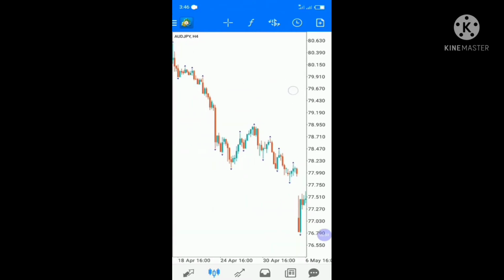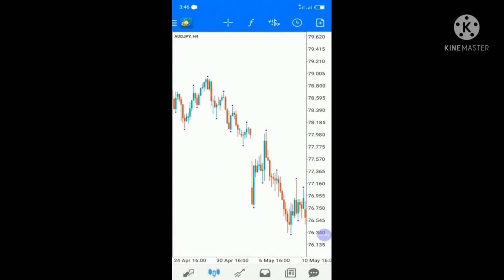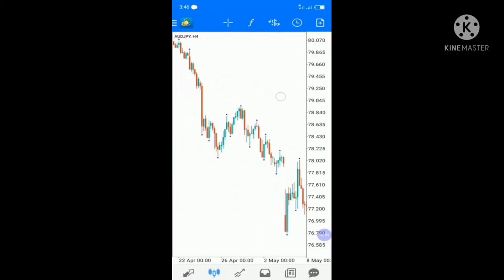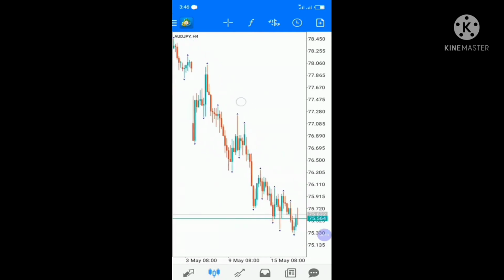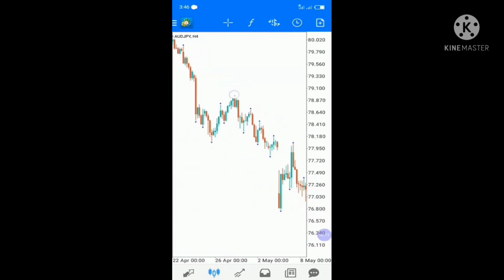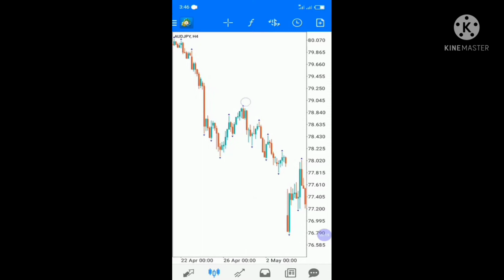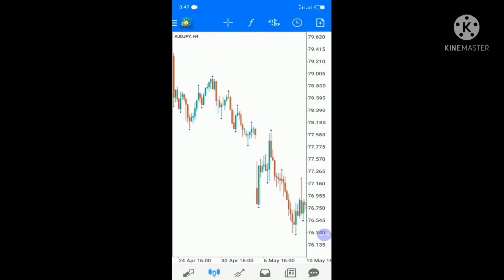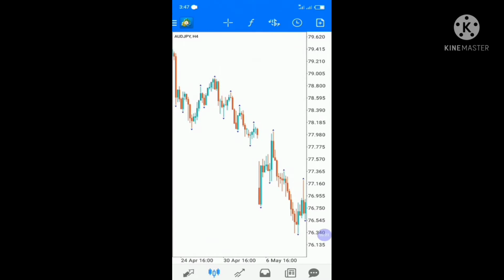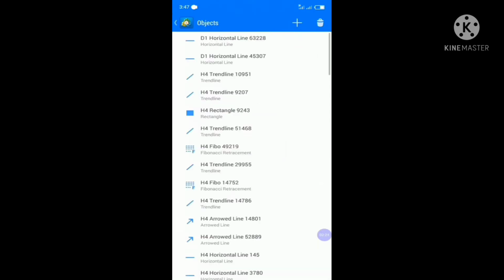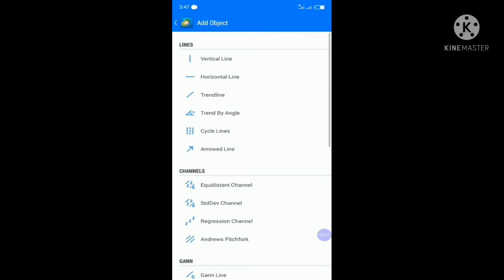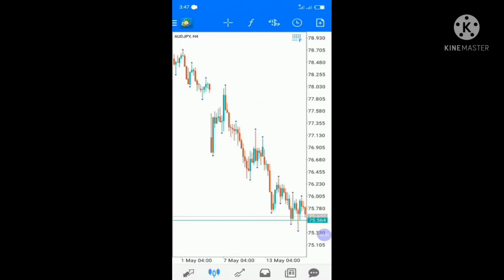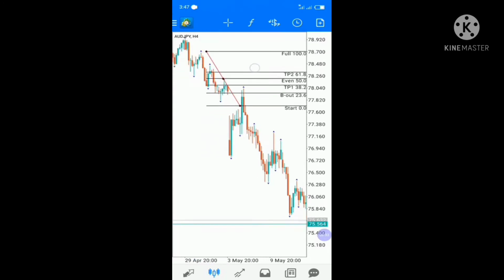Here, if we go back to some previous history, we will see the range of our downtrend. This point is one of the peaks from which the market started going down. So we will draw our Fibonacci from this point down. We click here, take the Fibonacci retracement tool, and then we take it from there.